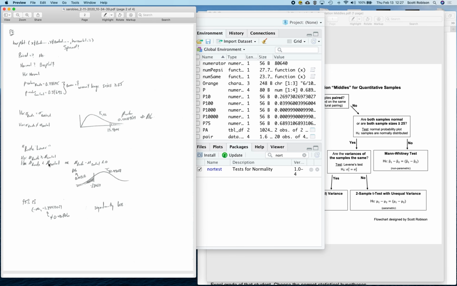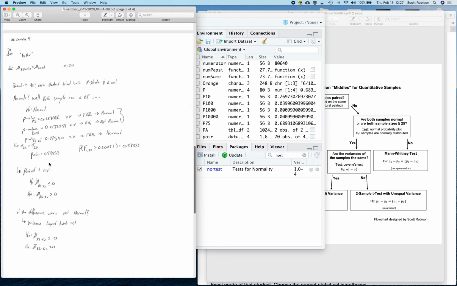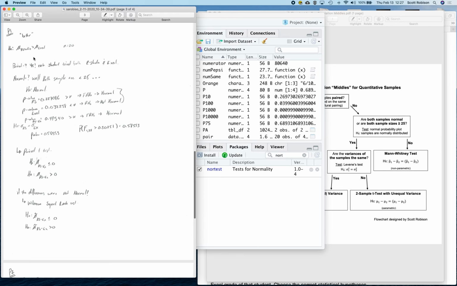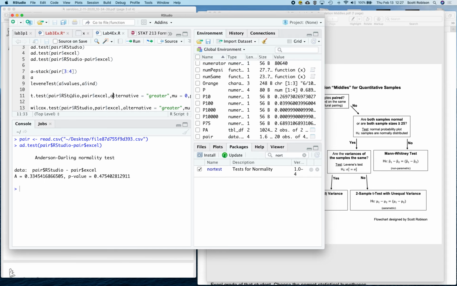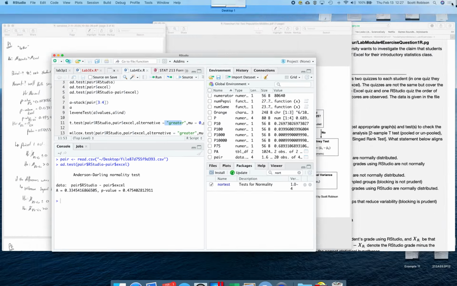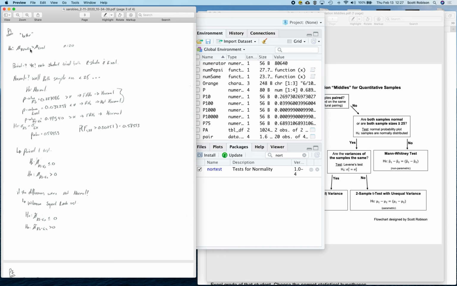What we're trying to see is if the average scores on RStudio were greater than the average scores on Excel. So if I list RStudio first, then the sign should be the greater than sign, and Excel would be second. So here I've listed RStudio first, then Excel second, and then I made the sign greater. We're trying to see if one is better than the other.